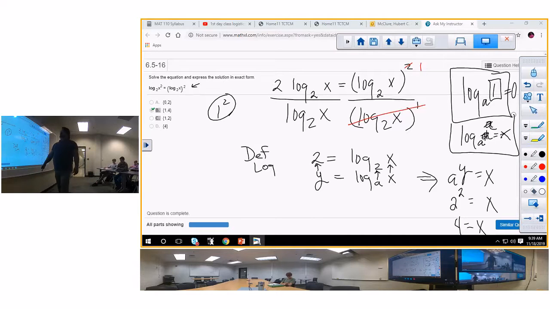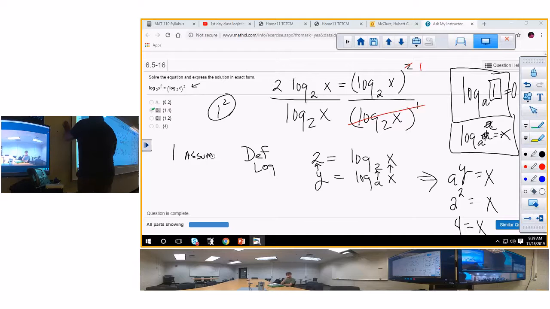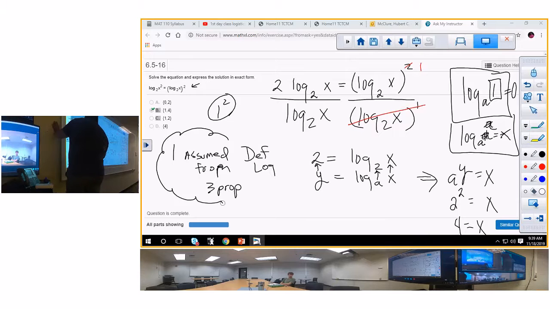So you need to make a note on this one. 1 is assumed from the 3 properties. When you look at your notes, you'll see which ones I'm talking about. And then algebraically, you solve for the 4.